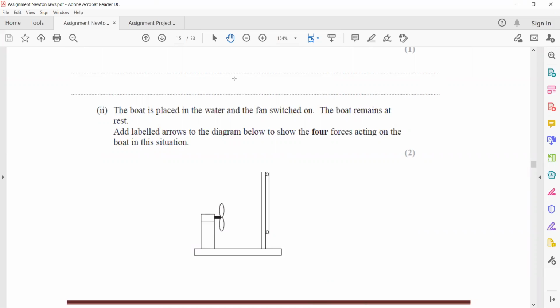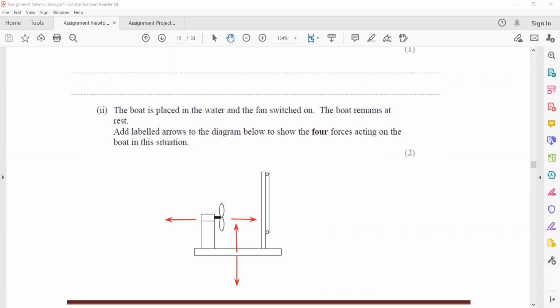So basically, there is a push of the fan on the sail. There is a push of the air on the fan because when it hits, the weight will act downward, and the upward force is known as the upthrust. So upthrust will be there, that's the upward force.